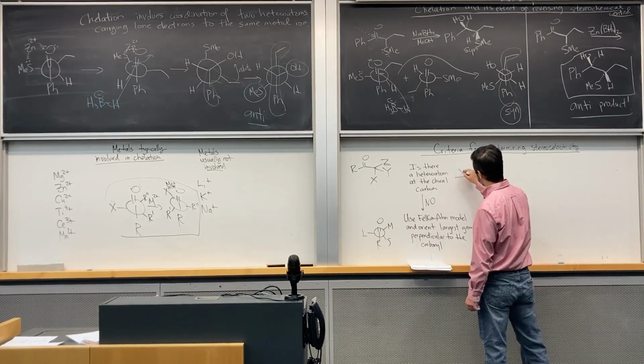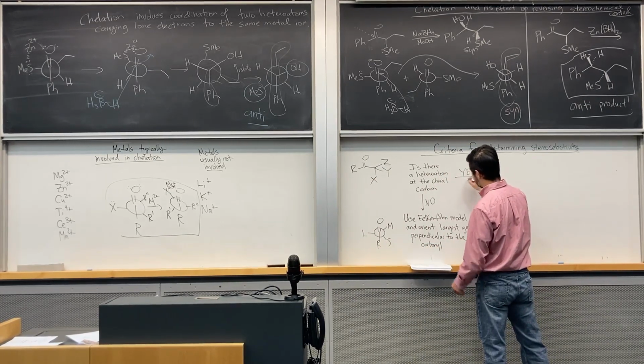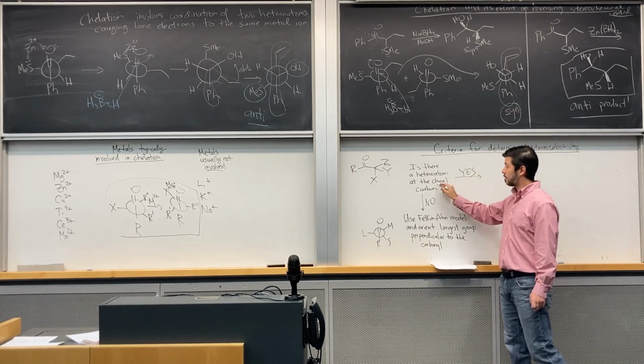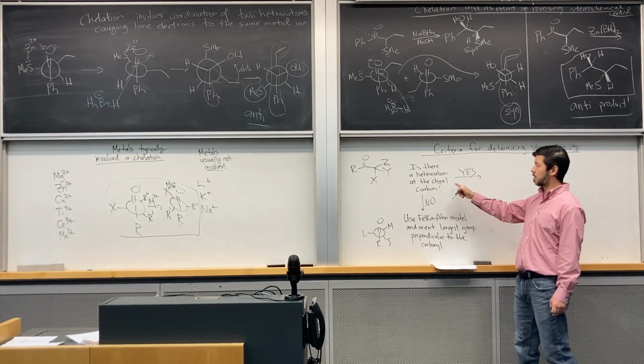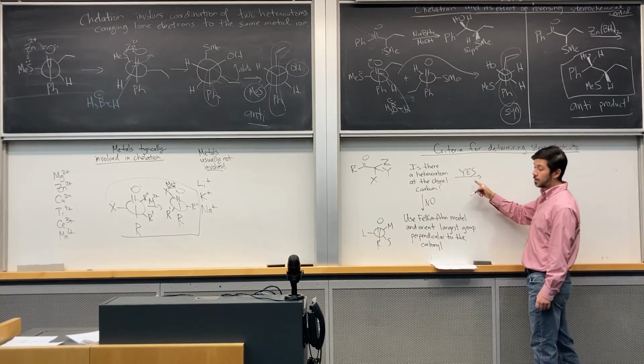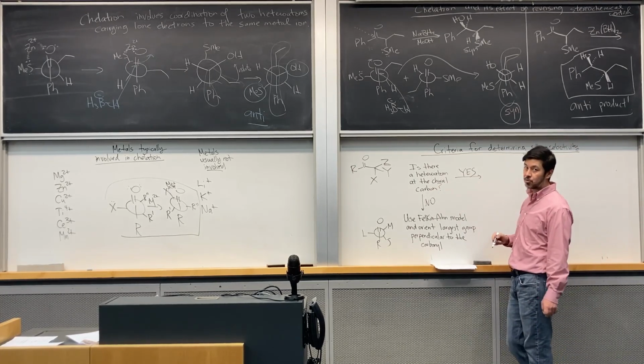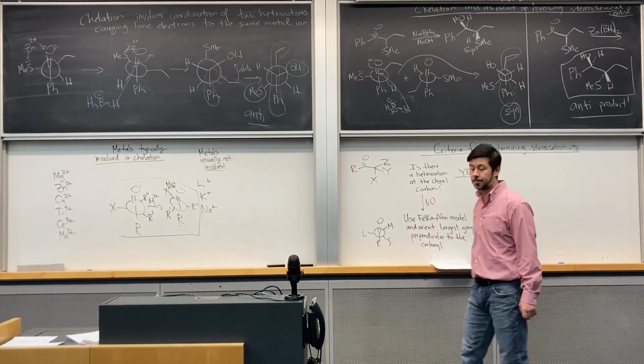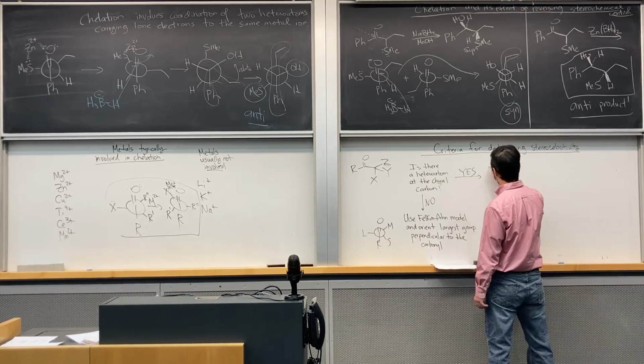Okay, the question though is, if there is a heteroatom, then you're going to have to ask yourself another question. If there is a heteroatom at a chiral carbon, if your answer is yes, what's the next question you should be asking? And we just talked about chelation. So, is there a metal capable of chelation?